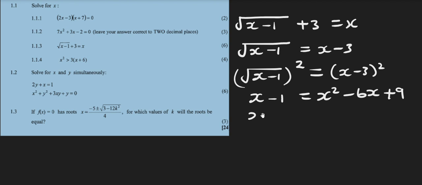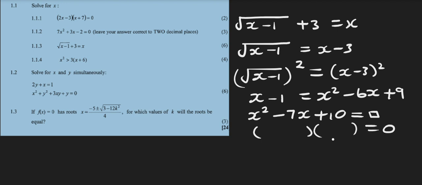So after taking everything to one side and simplification, we are going to have x squared minus 7x plus 10 equals 0. And then we are just going to try now and factorize our quadratic. And in terms of the factors, we are going to have (x - 5)(x - 2). And our x is going to be equal to 5, or our x is going to be equal to 2.